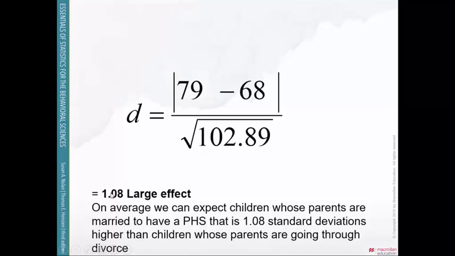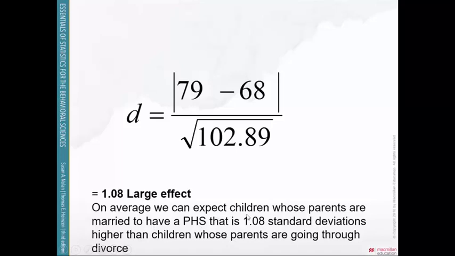When you do that, you get a 1.08, which is a large effect. Remember, I gave you that breakdown: a small effect being around 0.2, medium effect around 0.5, and a large effect about 0.8. So this is 1.08, it's large. And what that means, again, this is in standard deviation units.